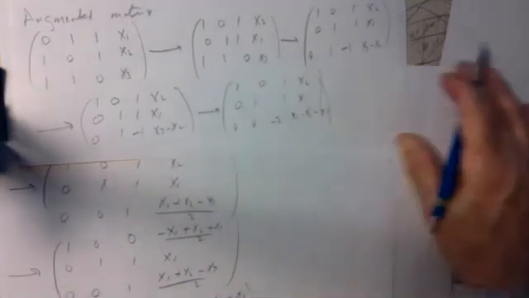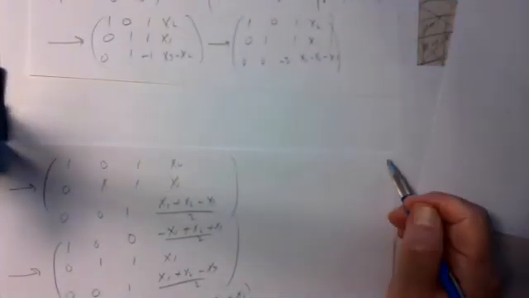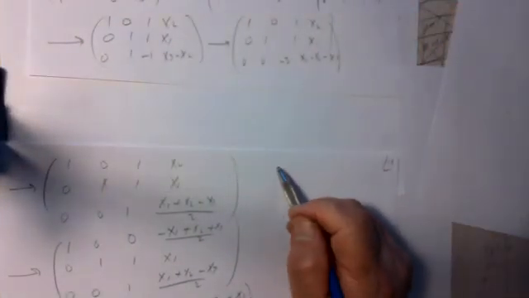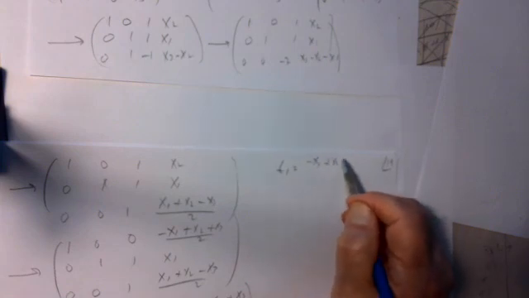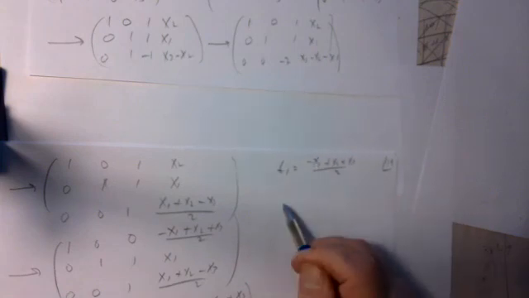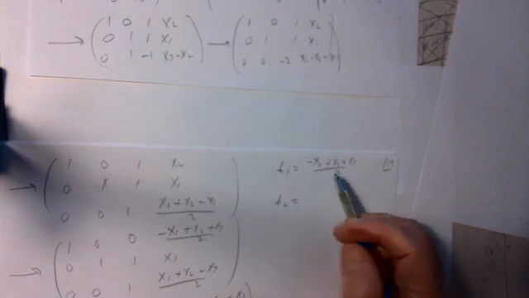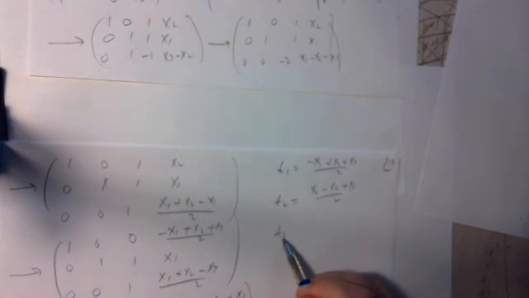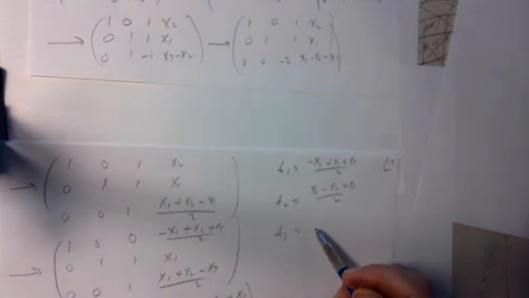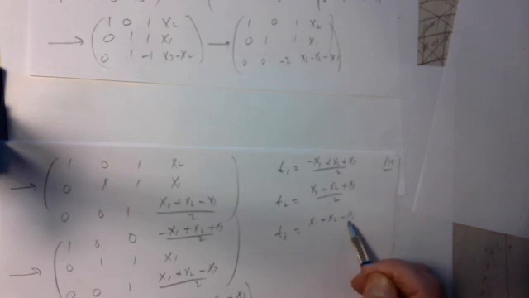So this tells me that the solution to my system of equations is t1 equals minus x1 plus x2 plus x3 over 2. t2 is x1 minus x2 plus x3 over 2. t3 is x1 plus x2 minus x3 over 2.